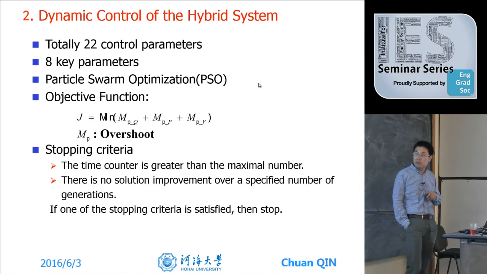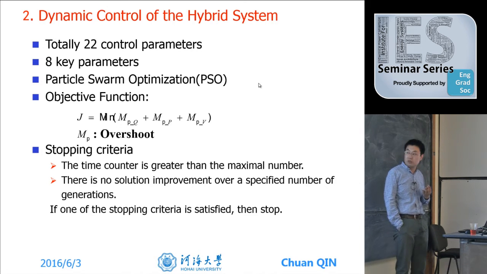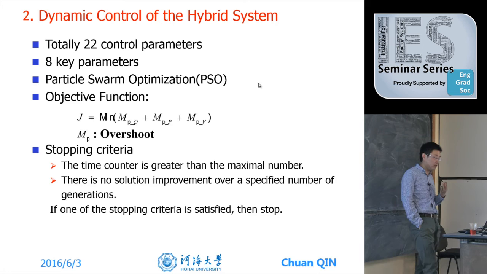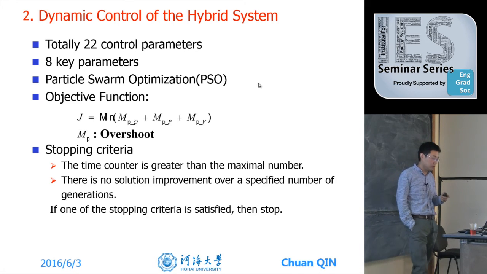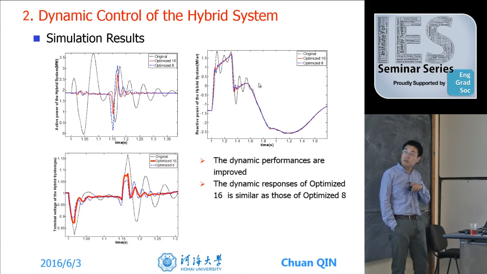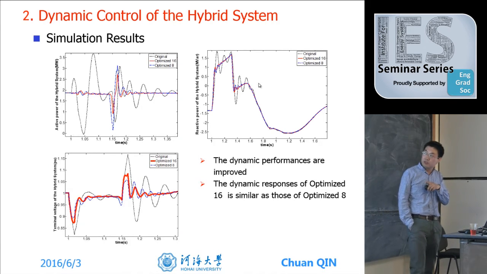The first is that the time count is greater than the maximum number. And the second is that there is no solution improvement over a specified number of generations. If one of the stopping conditions is satisfied, then stop. And this is the optimal. This is the result.